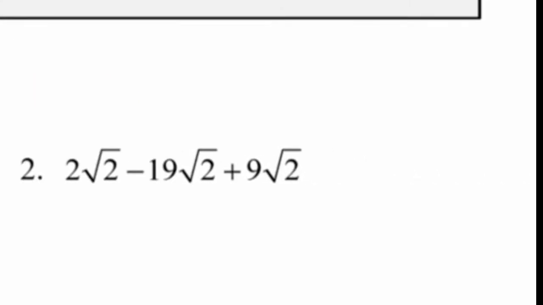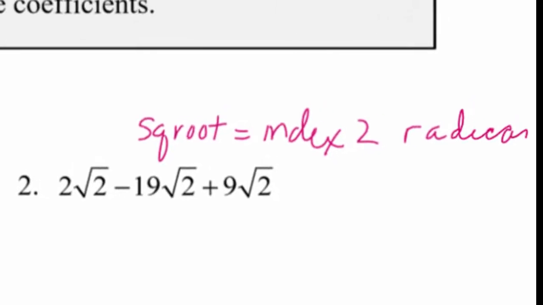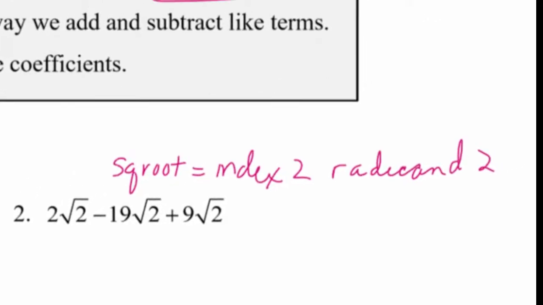Here you have 3 terms. All 3 terms are like radicals because they're all square roots, so the index is 2, and also because the radicand is 2. So again, these are all like radicals.